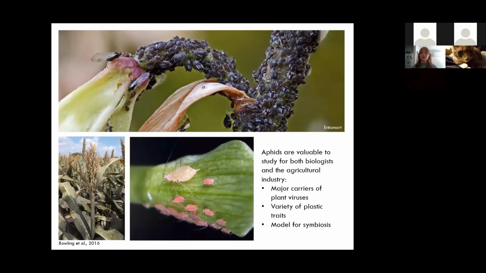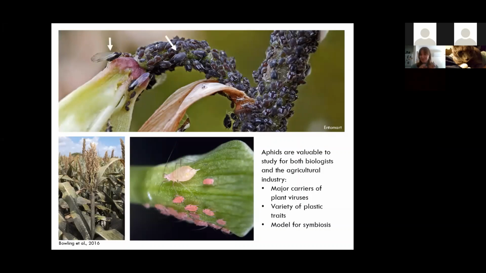But beyond that, they also have a variety of interesting biological traits. They have plastic traits. I mentioned that they reproduce quickly. That's because for most of the year they are asexual, but as photoperiods change, they'll produce offspring that can reproduce sexually. Then those offspring will lay eggs that can only reproduce asexually again. So kind of cool biology there. They also have winged and non-winged morphs.